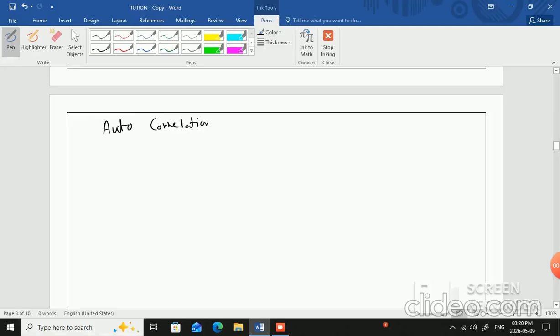Now we discuss the autocorrelation function. The full form is autocorrelation function, and the short form is ACF.